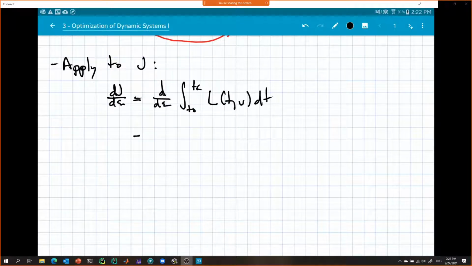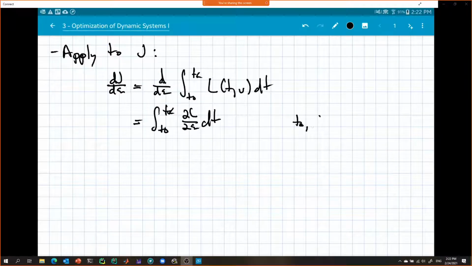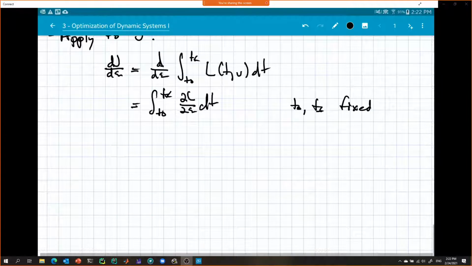Since t0 and tf are fixed, that results in the integral of the partial of L with respect to epsilon dt. Once again, time is fixed on both boundaries.